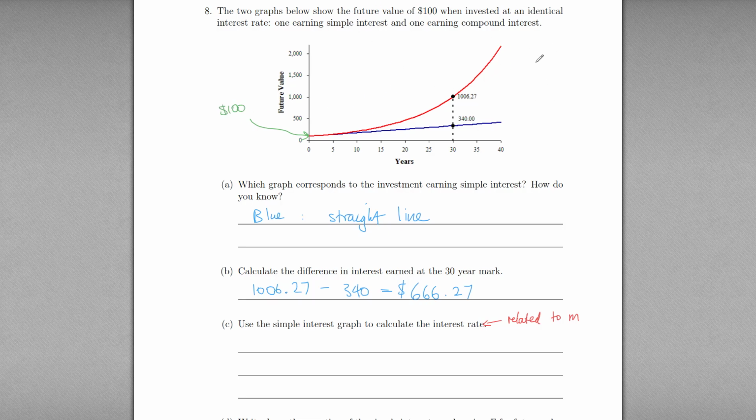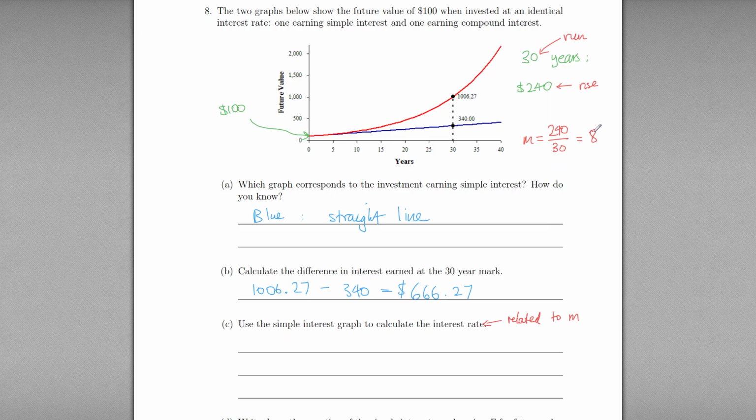So we can say in 30 years, it has earned from 100 to 340, so it's earned 240 in interest. Okay, and so that's like the rise, that's like the run. Okay, so it's risen by 240 over a run of 30 years, which means the gradient is 240 divided by 30, which is 8.